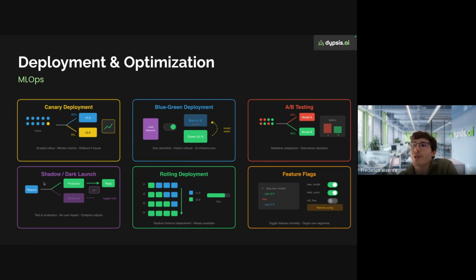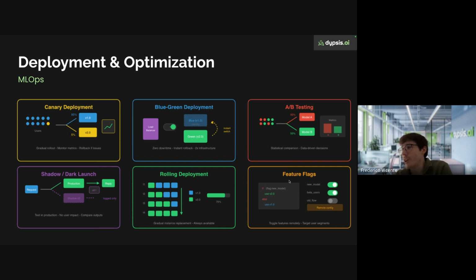You have also this shadow launch where the older deployment remains the same, but you use the new model to also receive the inputs, and you just log the outputs to understand, for instance, how the model you created is behaving in comparison with the old one.